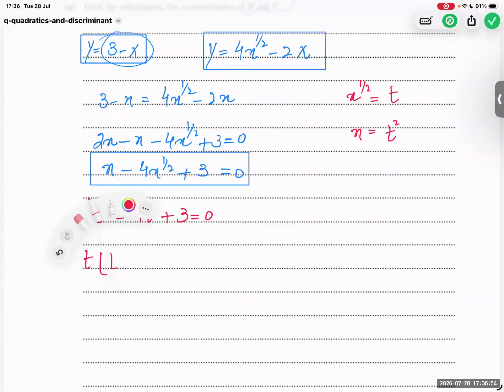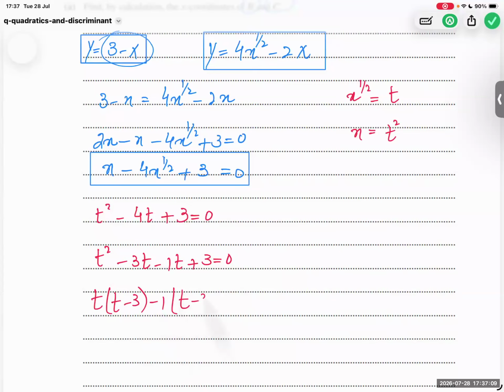That would be, sorry, t square minus 3t minus 1t plus 3 is equal to 0, giving us t minus 3 minus 1, t minus 3 is equal to 0. So (t minus 3)(t minus 1) is equal to 0, giving us t as 3 and t as 1, right?